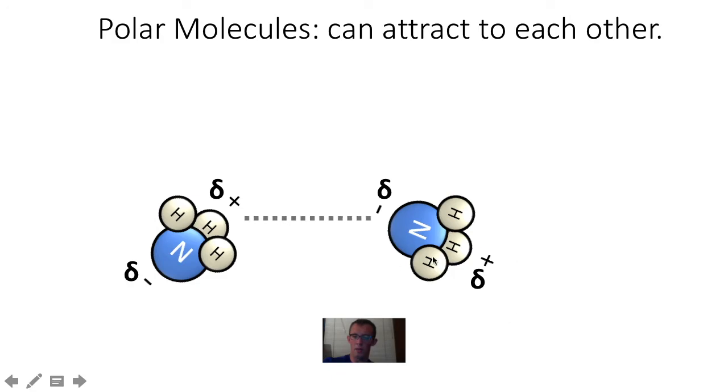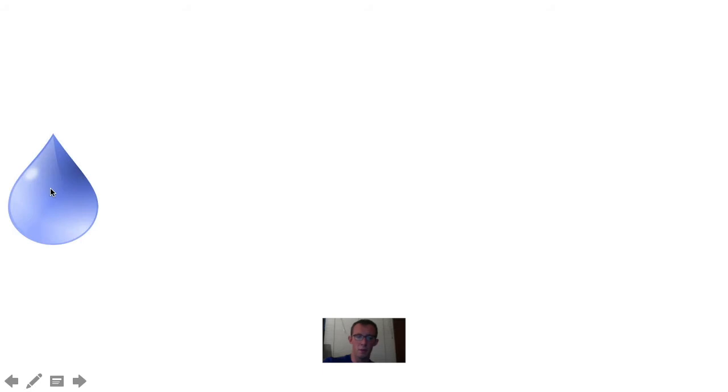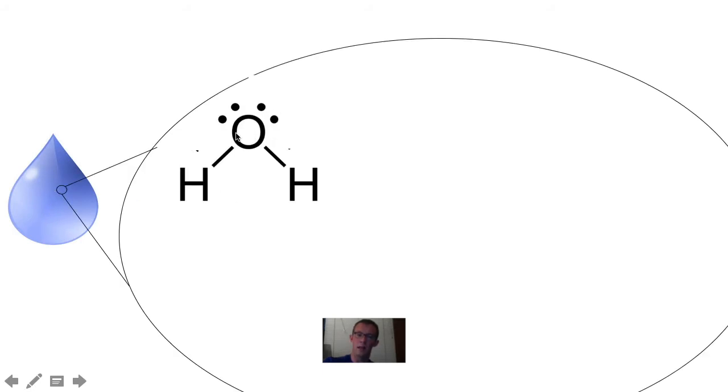Because a polar molecule has a slightly negative and a slightly positive side, it is able to attract to the opposite charged sides of other molecules. And so an important example of this comes in water molecules. In a water molecule, H2O, the oxygen atom has a higher electronegativity than the hydrogen atoms that it's sharing electrons with.